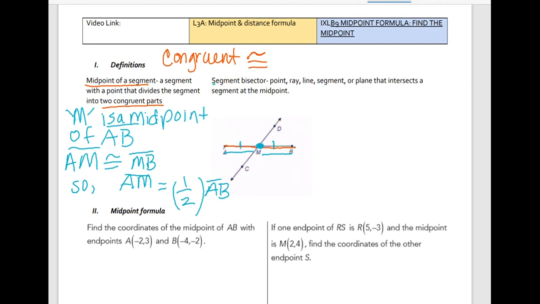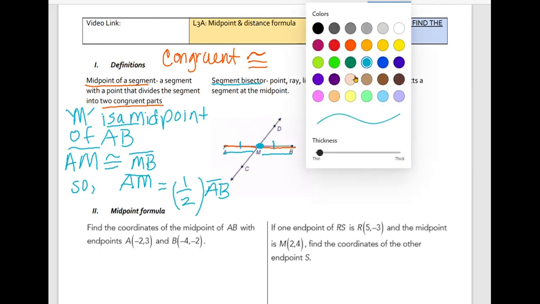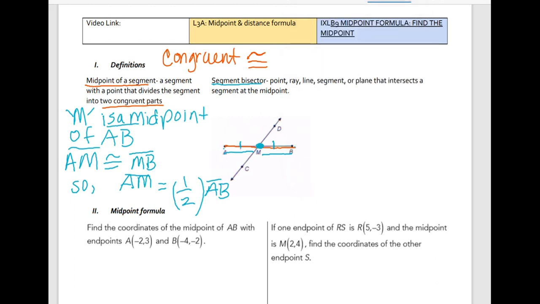Okay, next we have the segment bisector. That is going to be a point, ray, line, segment, or plane that intersects a segment at a midpoint. So then, yet again, we're talking about a midpoint. So when we talk about midpoint, it's important that we bring attention to the segments.